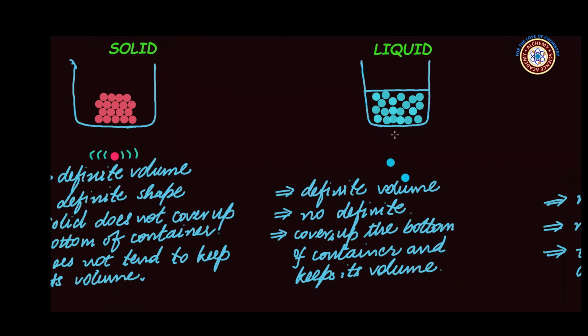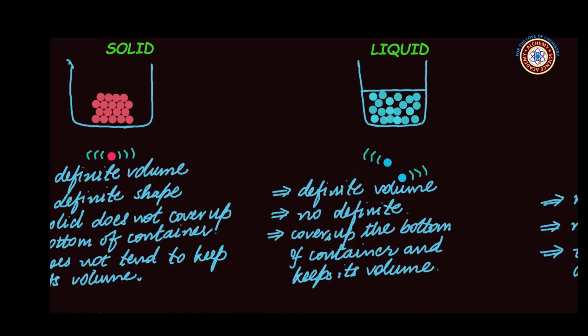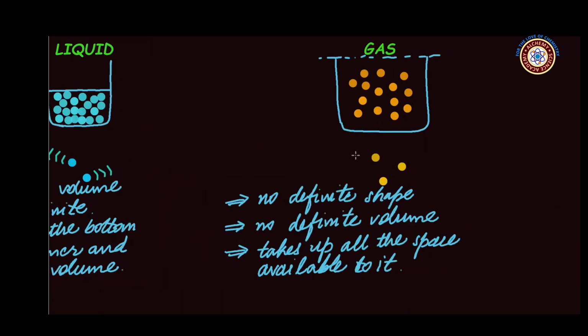Similarly, the molecules of liquid move from place to place and leave their mean positions, whereas the particles of gases move at very high speeds. While moving at very high speeds, they collide with one another and with the walls of the container.